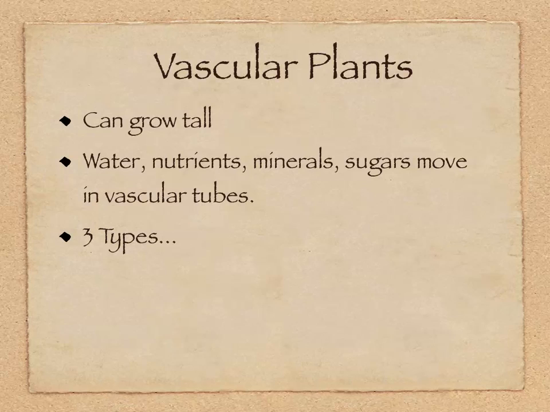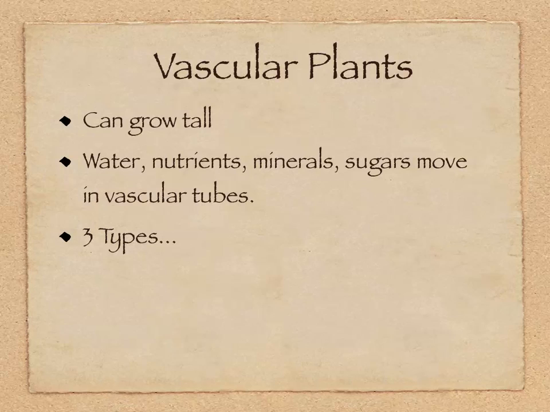Vascular plants have these vascular tubes called xylem up and phloem down, where water and nutrients, minerals and sugars move throughout the plant. And there are three main groups of vascular plants, and let's look at each one.